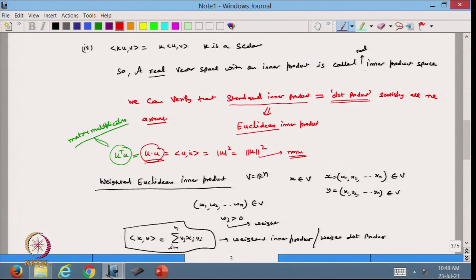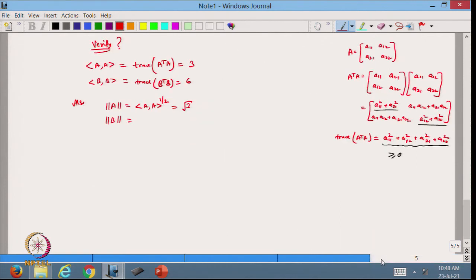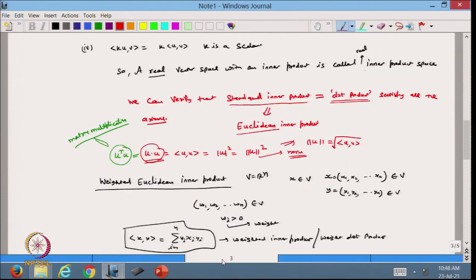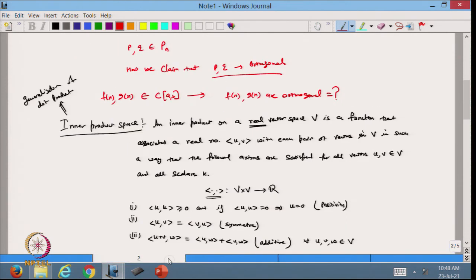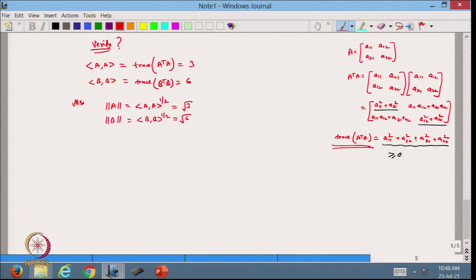So the length is always taking the square root, and for B this is root 6. So the first property is satisfied: it is always positive, and whenever it is 0, it means all the values of the matrix will be 0. So that property is satisfied.